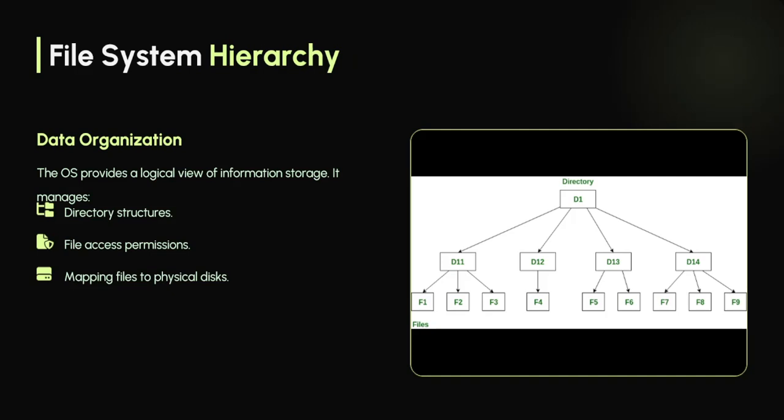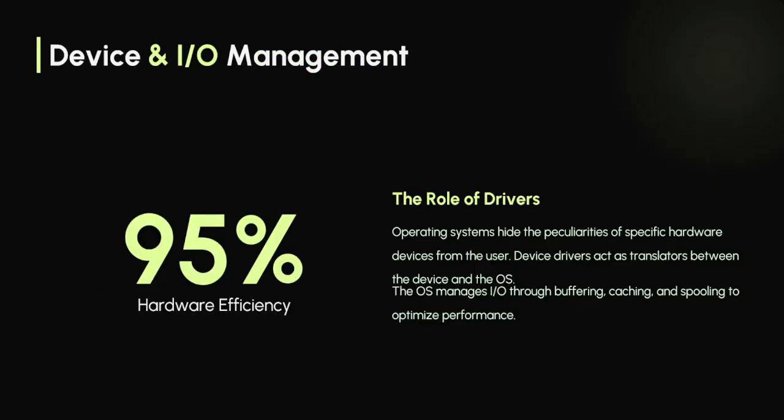And this is a brief introduction to the file system hierarchy, where data organization is carried out. The operating system provides a logical view of the information storage and manages directory structures, file access and permissions, mapping files to the physical disk. Then, when we talk about device and input-output management, it ensures hardware efficiency.